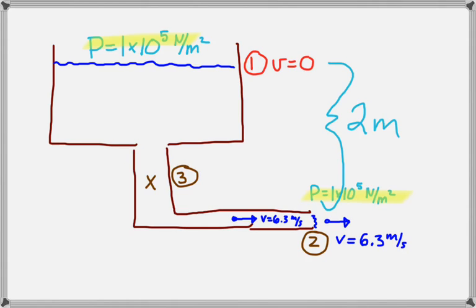What would you expect the pressure at point 3 to be? I'm going to make the claim, I'm going to come back in here and put some areas in here. Let's say the area of the bottom pipe was 0.1, and that the area at point 3 is like 0.5.